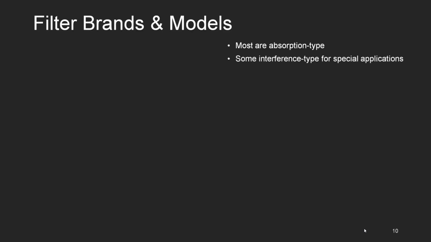There are a few filters out there that use not only absorption but also interference type coatings, like those we see used for light pollution filters. But these are generally for more specialized applications, i.e., to create a bandpass filter instead of just a high-pass filter.